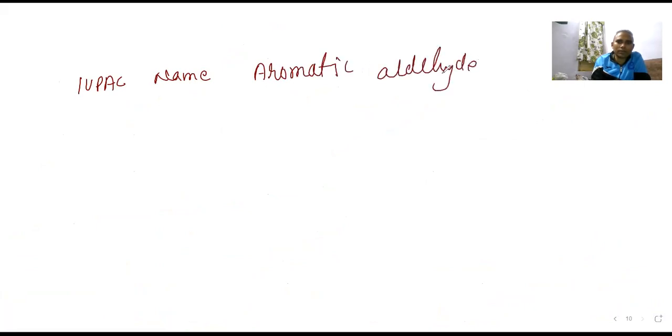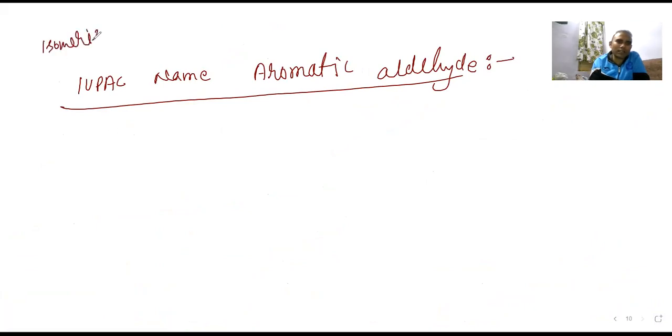Tomorrow I am going to finish the IUPAC nomenclature, then I will teach you isomerism. I think that is the problem you are facing, IUPAC and structure. That problem is over for you? Yes, sir, it's over. So tomorrow I will teach you isomerism.